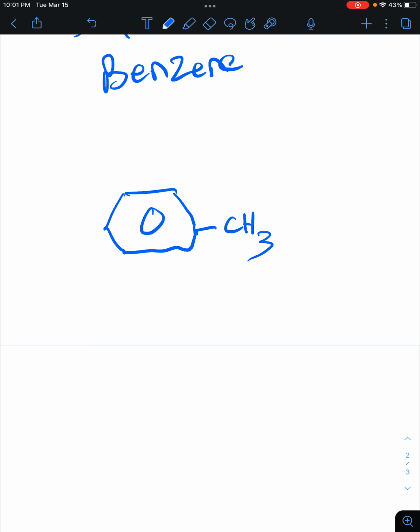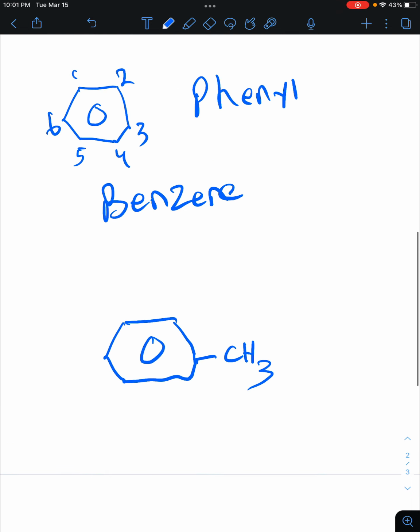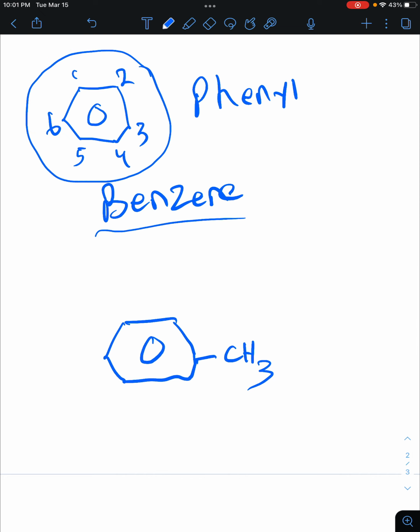But in order to have a benzylic hydrogen, which is a little confusing, you have to have 7 carbons instead of 6. So this right here is 6 carbons, which is a benzene ring. If it's a substituent, it's a phenyl.